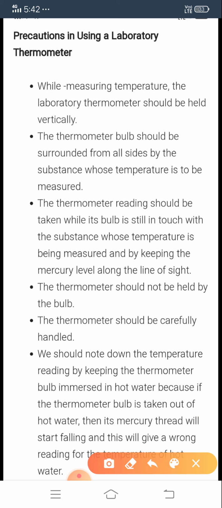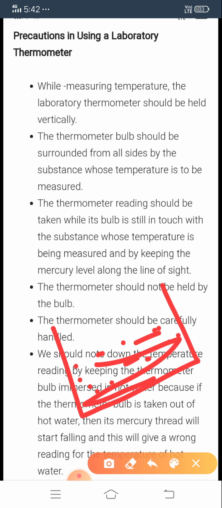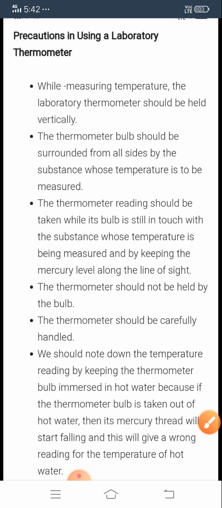Okay. Next, third one. The thermometer reading should be taken while its bulb is still in touch with the substance. See, if a beaker is there and some water is there, you have to take the reading while its bulb is still in touch with the substance whose temperature is being measured, keeping the mercury level along the line straight.